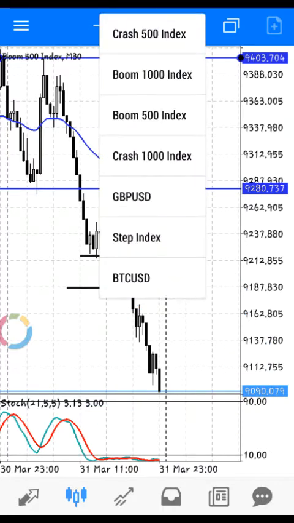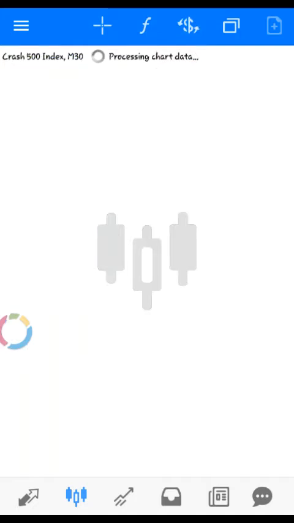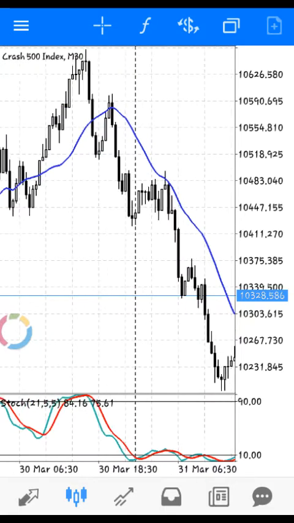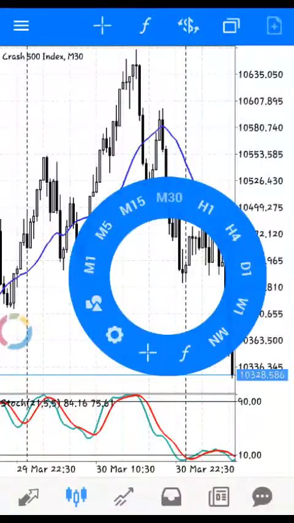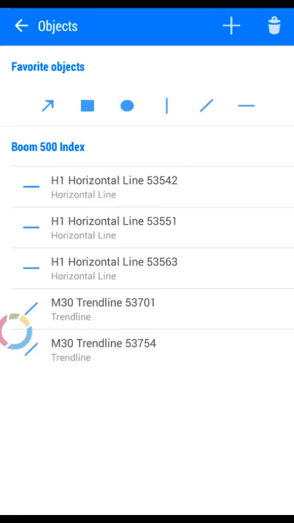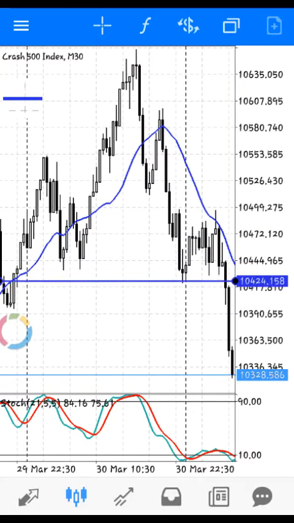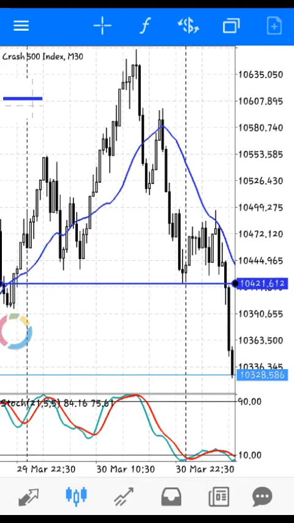Let me show you Crash 500. So I'm trying to see how I can explain how our system works and how we incorporate all these things into it. So at the start of the day, you draw the lowest point of the previous day and the highest point.